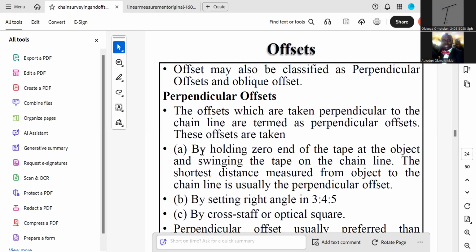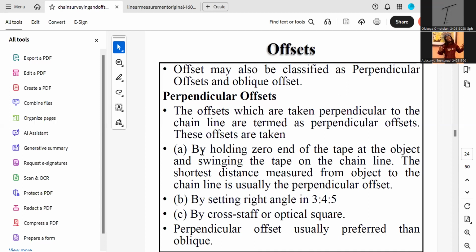By holding the zero end of the tape at the object and swinging the tape on the chain line, the short distance measured from object to the chain line is usually the perpendicular offset. That is one way of doing perpendicular offset.